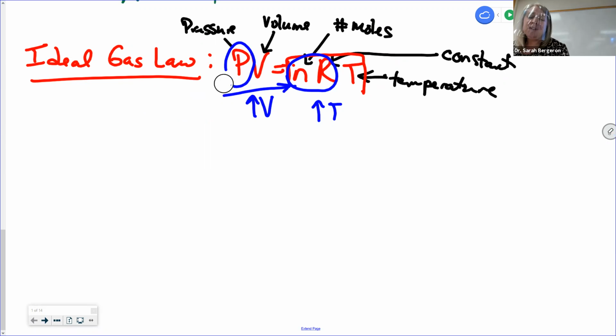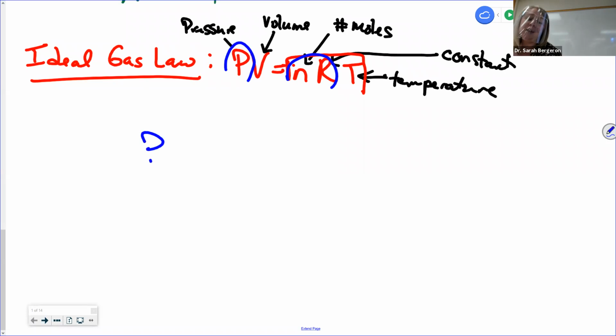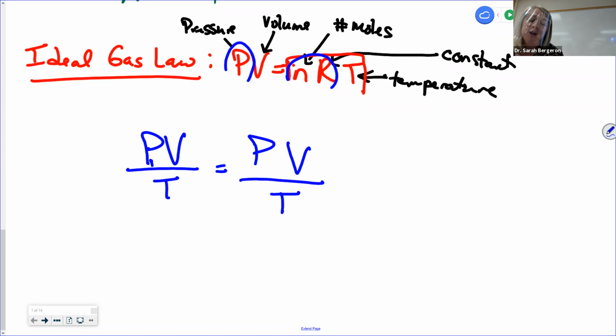The other thing is, if you watch the videos, there are all these gas laws named after all these scientists who found them, right? I'm going to combine all of these gas laws into one equation. That equation is PV over T is equal to PV over T. The first one is your initial, so we put a little i, and the last one is final.